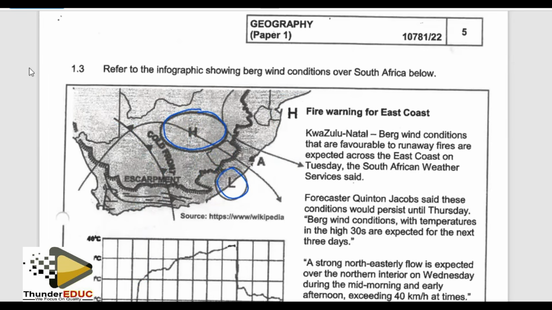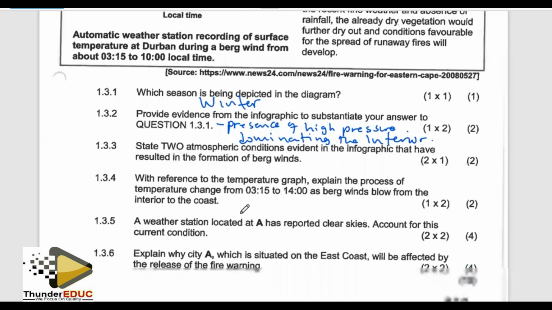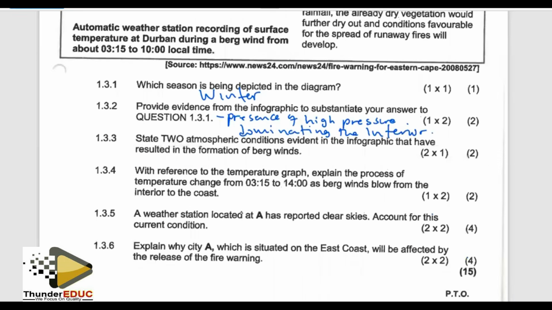So with this, there is a pressure gradient.